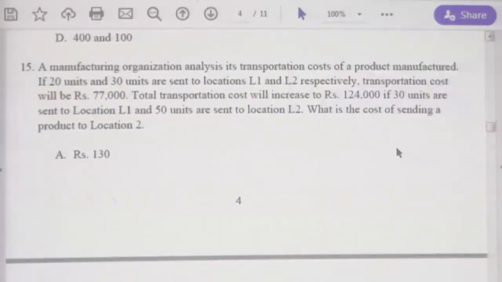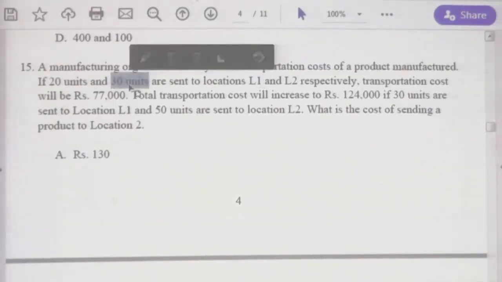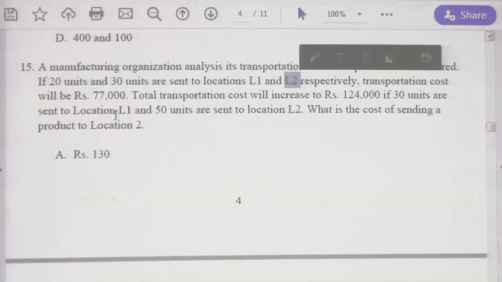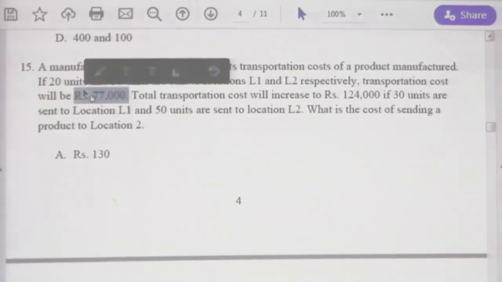A manufacturing organization analyzes its transportation cost of a product manufactured. If 20 units and 30 units are sent to location L1 and L2 respectively, the transportation cost will be 77,000.